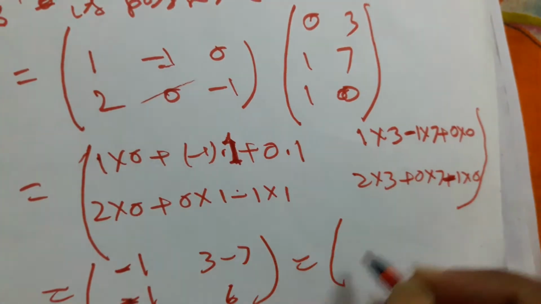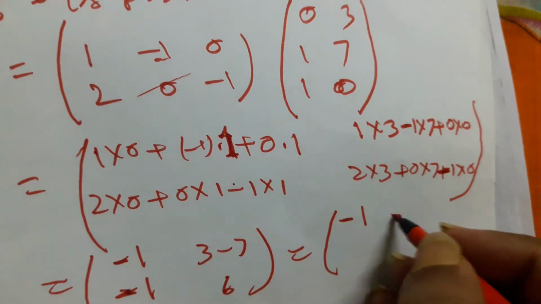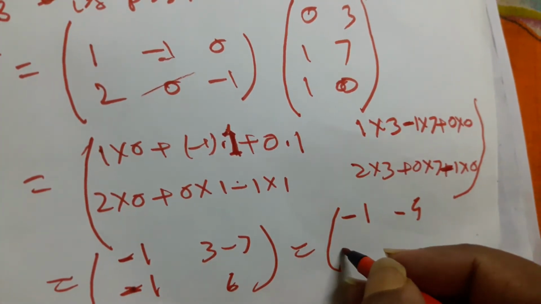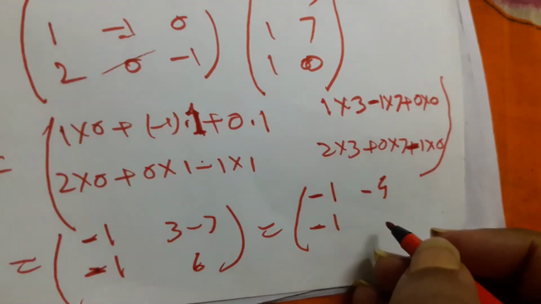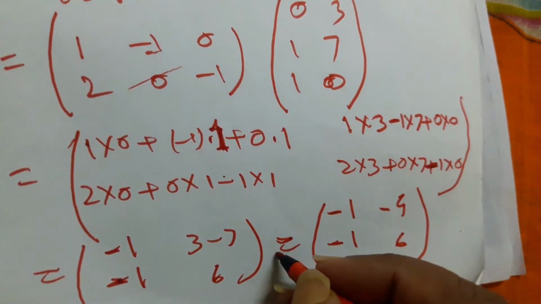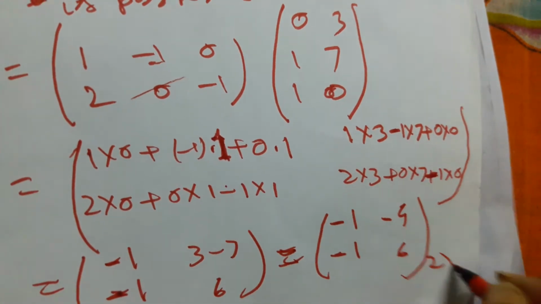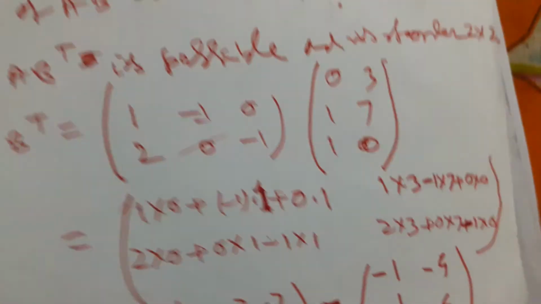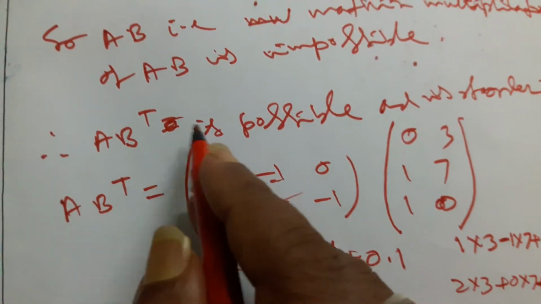So the final result will be minus 1, minus 4, minus 1, 6, and its order is 2 by 2. So in this way we find matrix multiplication.